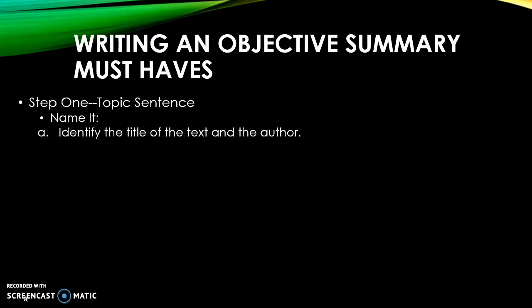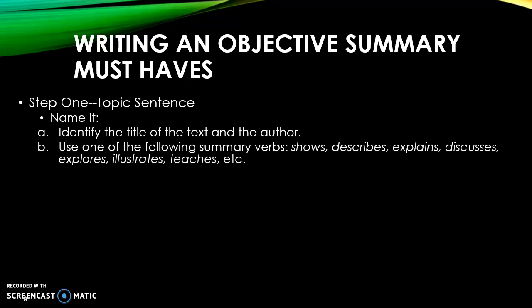The next thing you're going to do, you're going to use one of the following verbs for the author: he's describing, he's explaining, she's explaining, discussing, exploring, teaches. Then you're going to communicate that author's central idea. Okay? What was his message? What was her message? Why did she write this? What does she want us to know? What does she want us to do?